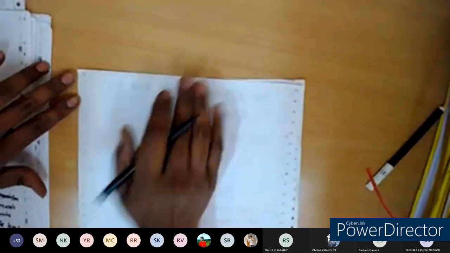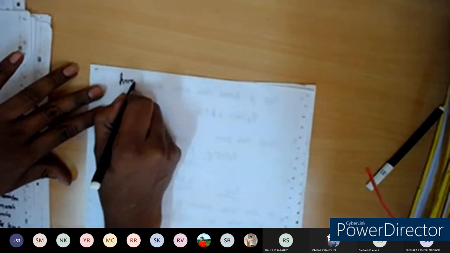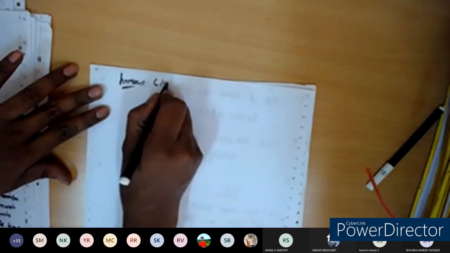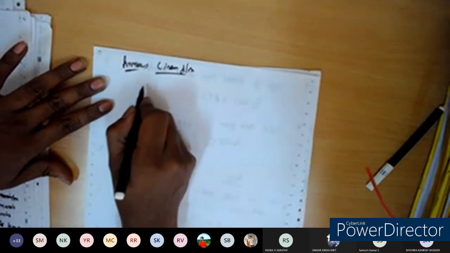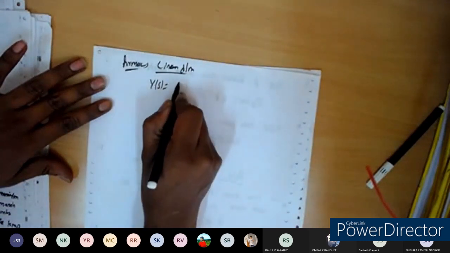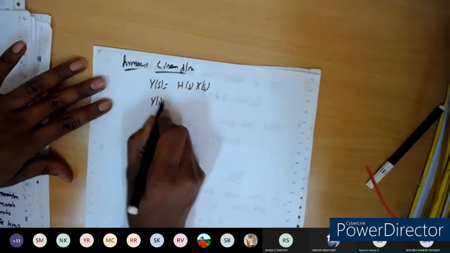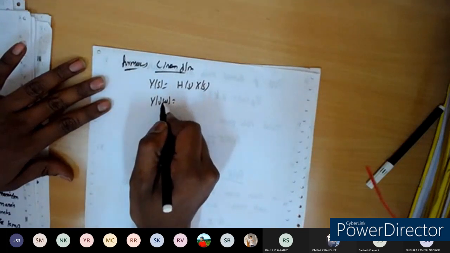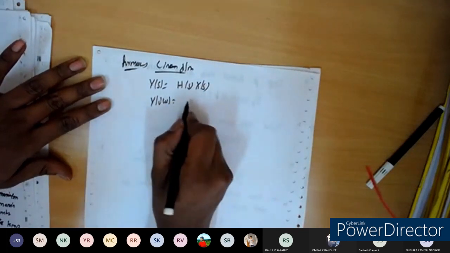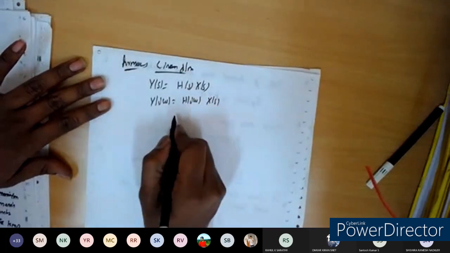We have taken the linear systems here, so I will recall the formulas for the linear system. The Laplace transform is defined as H(s) times X(s). With s equal to j omega, we are in the frequency domain, which is the Fourier transform, and we can define it as H(j omega) times X(j omega).